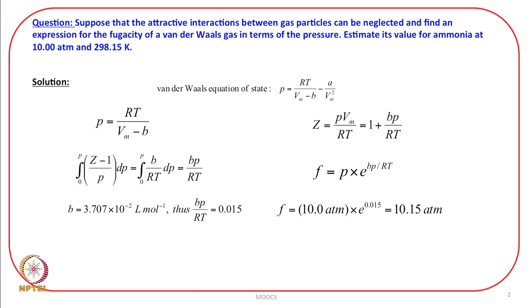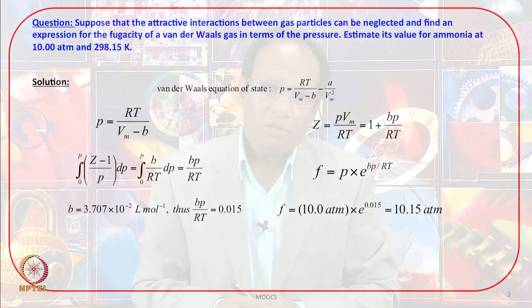And this is what we were expecting, because the attractive interactions between the gas particles are being neglected. We are only accounting for repulsion. Repulsion means the molecules will tend to repel each other, and therefore the escaping tendency of the gas molecules will be more.